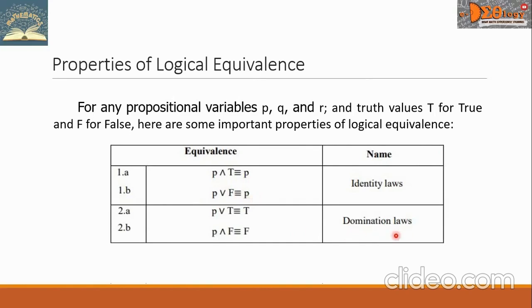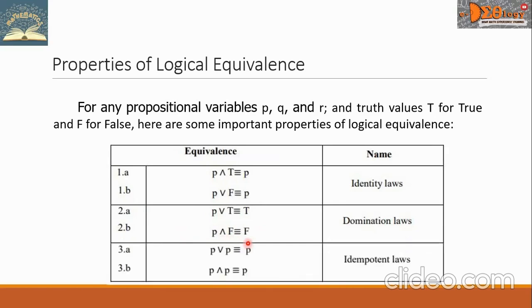Second, domination laws. We have two parts here. 2.a, P or T is logically equivalent to T. 2.b, P and F is logically equivalent to F. Third is idempotent laws.